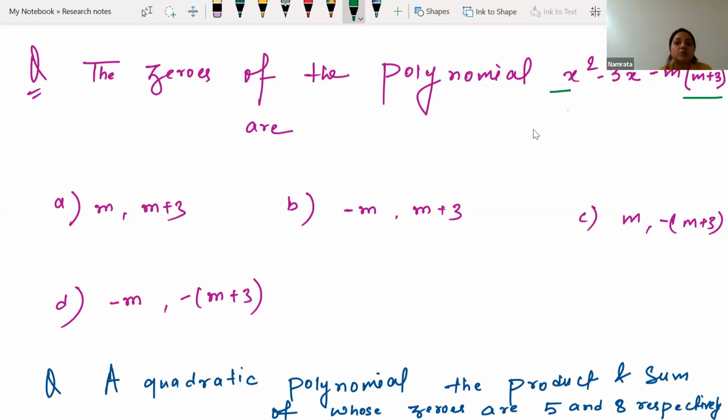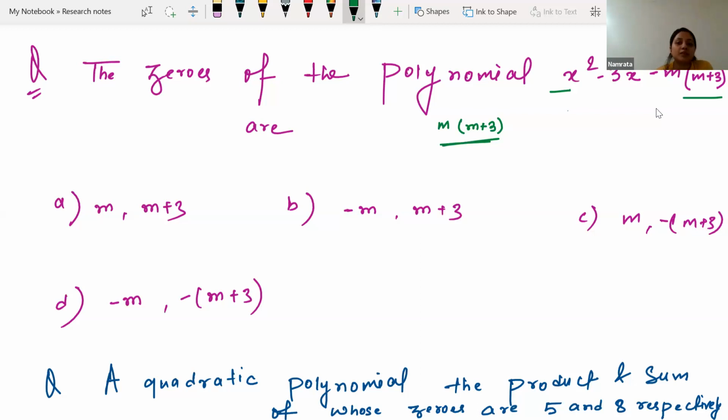So when we multiply C and A, A is what? Nothing, 1 is there. So we got only m into m plus 3. Now we need to factorize this, and think that by adding or subtracting those two factors, we will get the middle term.